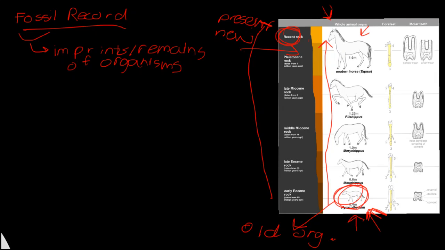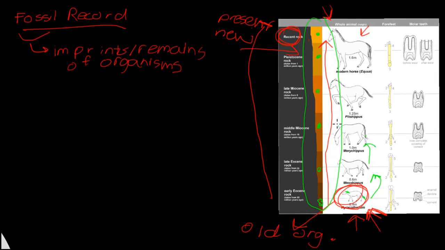As you can see, this is the strata right here. And you can see from these different layers of rock, they change through time. So from this horse to this horse, we see the neck getting longer. It's growing some hair right here and here. It's growing a tail.